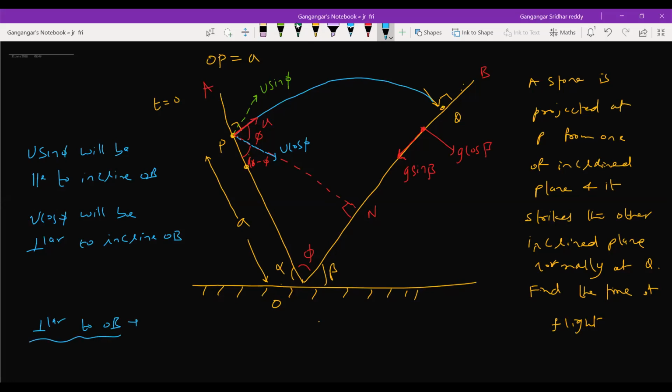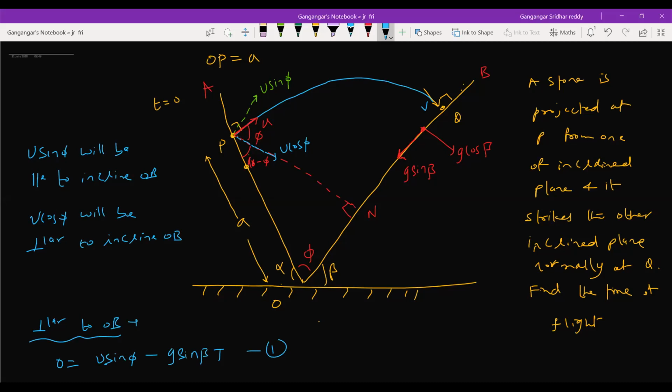Perpendicular to OB, what is the final velocity? It will strike normally at Q. So what will happen to U sine phi by the time it moves from P to Q? It will become 0, it is striking normally. So 0 is equal to U sine phi minus g sine beta times time of flight.